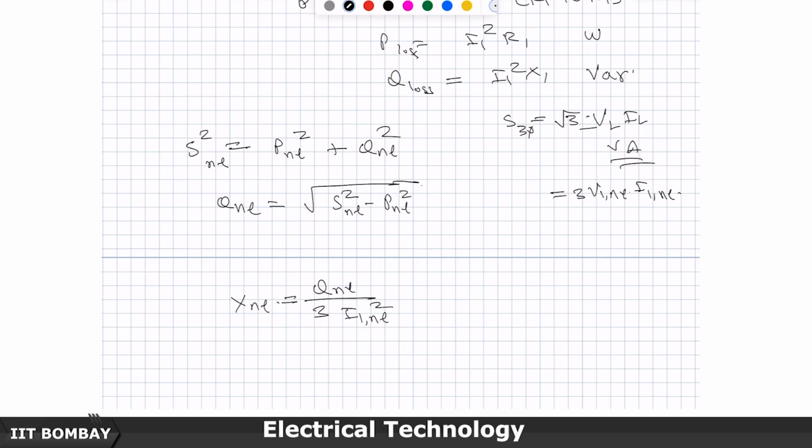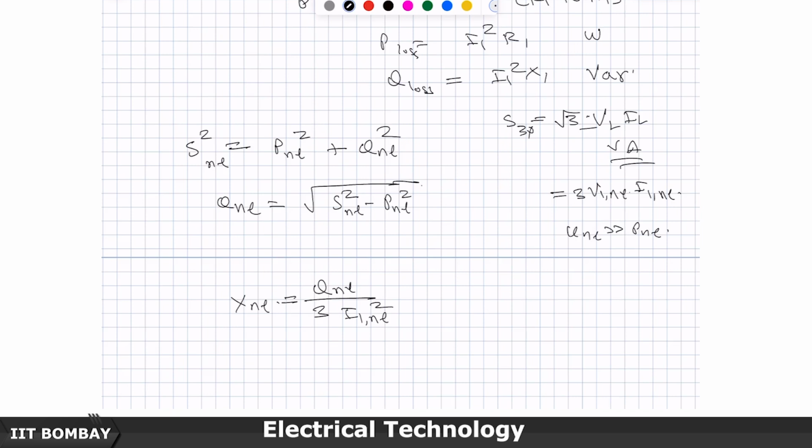and usually the power factor at no load is very small. So, therefore, the reactive power component QNL is much greater than the PNL.